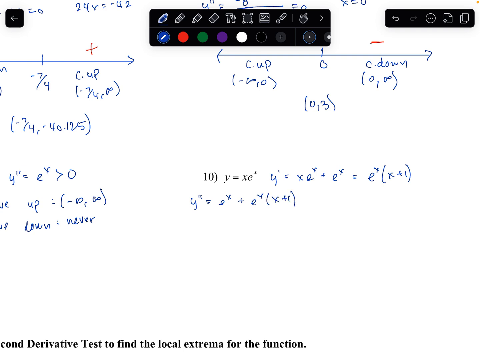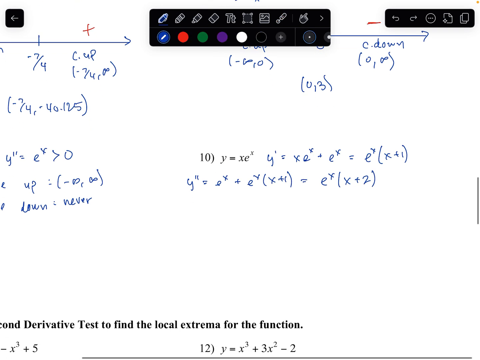And then I'm going to factor out an e to the x again. That's going to turn into x plus 2, because once you factor out an e to the x, this becomes 1, and then this becomes x plus 1, so 1 plus 1, that's going to become 2. Okay, and then set that equal to 0. E to the x never equals 0. This will be equal to 0 when x is equal to negative 2.